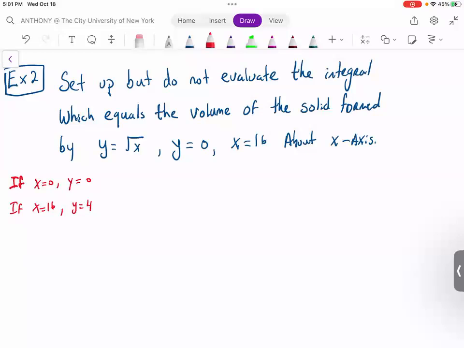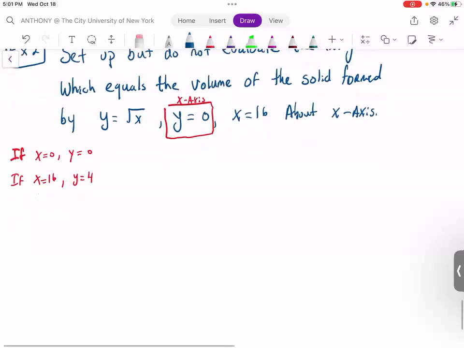So I get my points essentially. One point is the origin, 0, 0. The other point is going to be 16, 4. And I'll just remember y equals 0 is the x-axis. Okay. So let's make our graph.